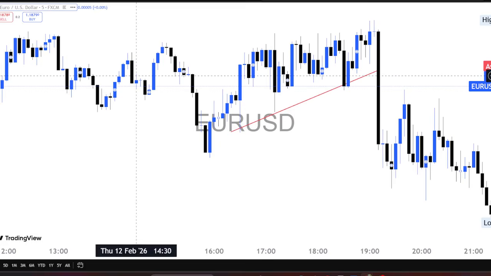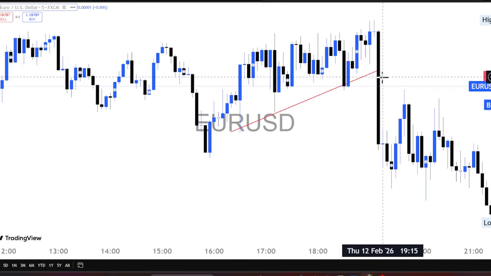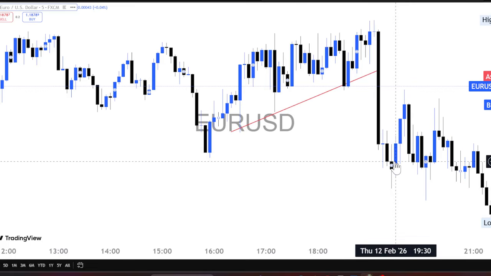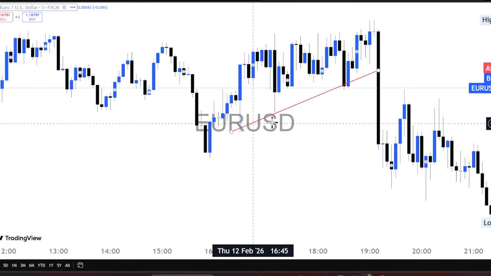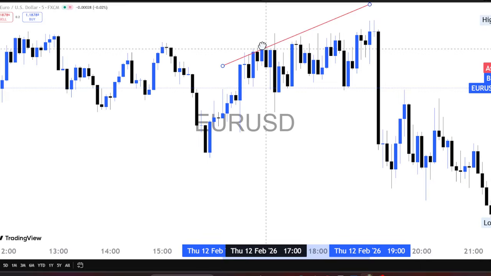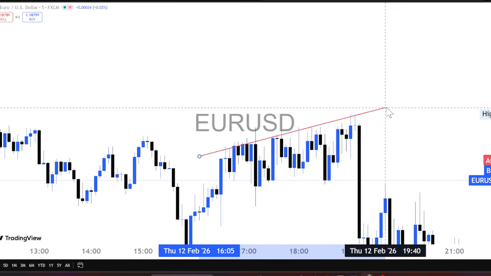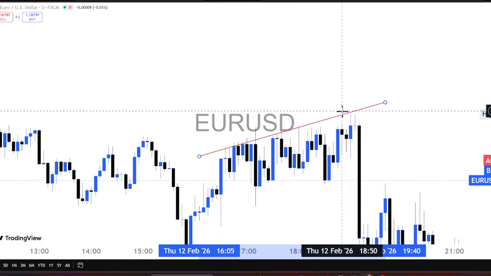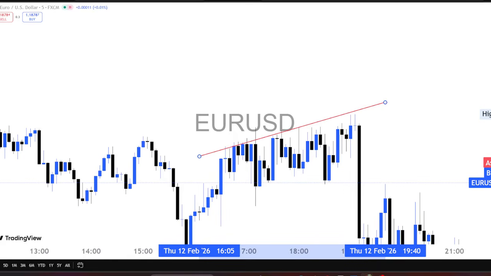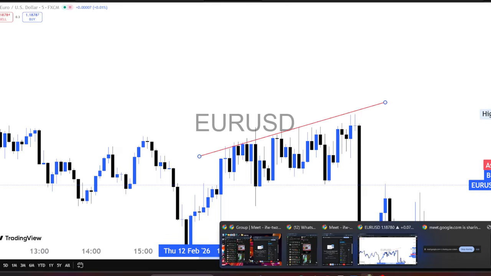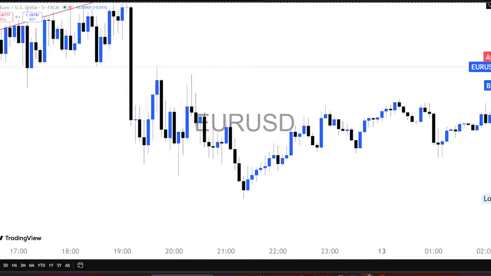You can see how the market did not even bother around that area. The market continued to move all the way down. That's why the lowest time frames are messy, very noisy. So you're going to experience a lot of mess when you are operating under the lowest time frame.